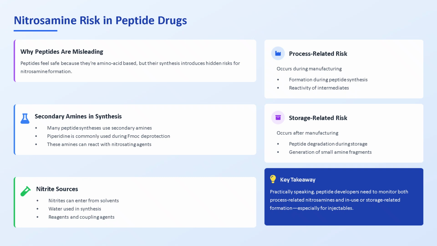There's also a second risk window: storage. Peptides can degrade over time, generating small amine fragments that form nitrosamines long after manufacturing is complete. The practical takeaway? Peptide developers must monitor both process-related and storage-related nitrosamine risks, especially for injectables.